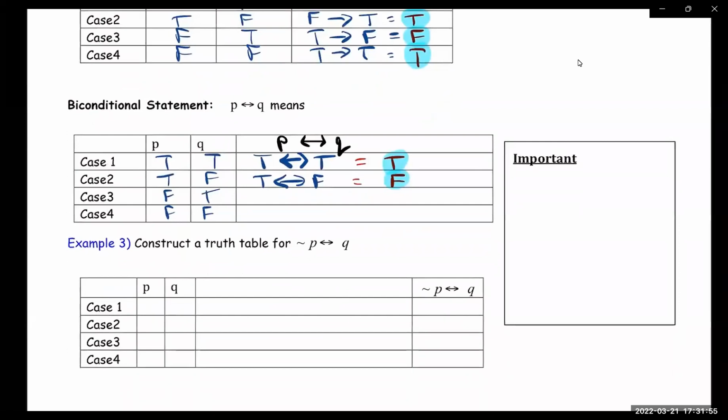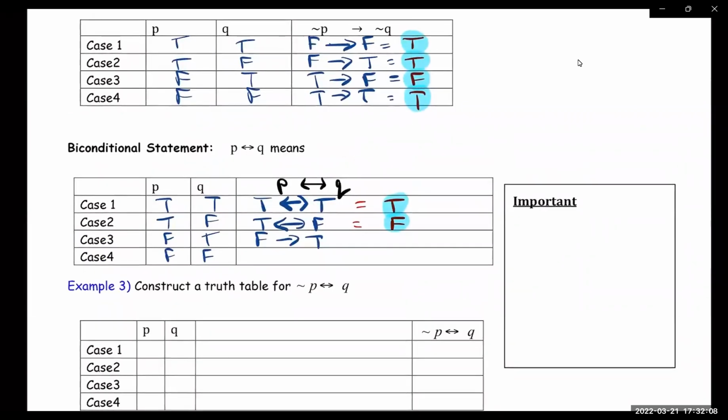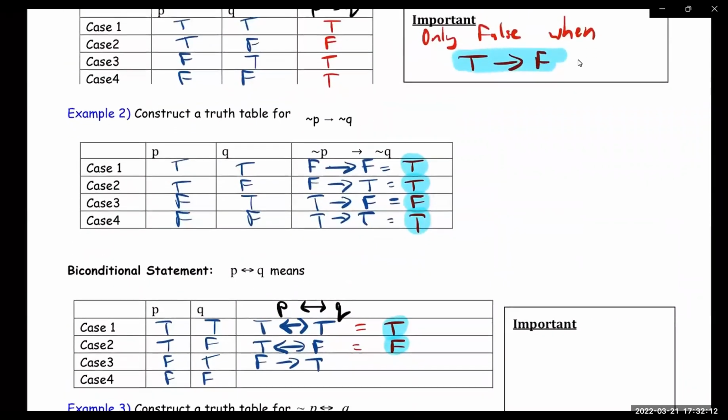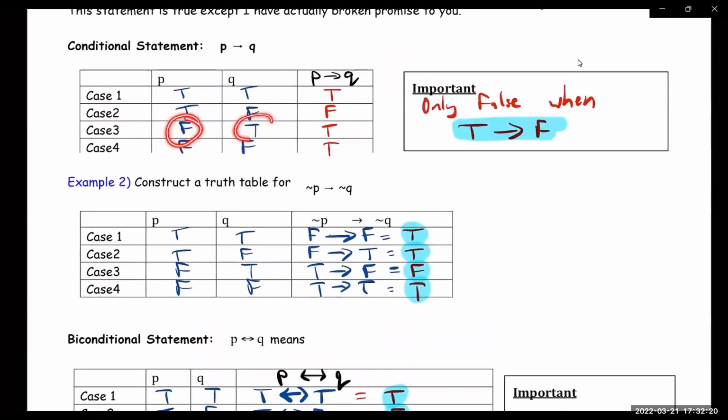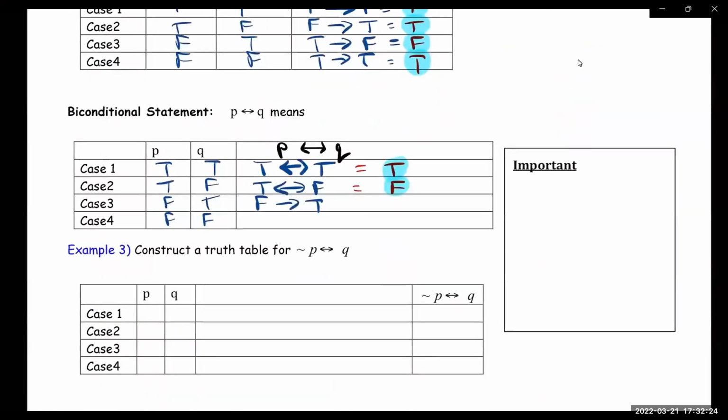All right, now let's look at the next one. If false, then true. Going in one direction, would this be true or false? It'd be true. Yeah, you got it right. Because you're starting with the false, that means automatically it's going to be true. But what about the other direction?